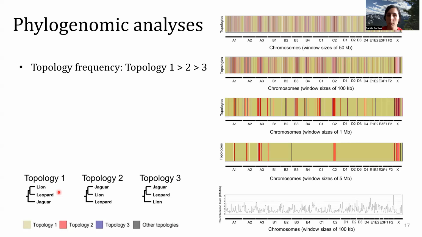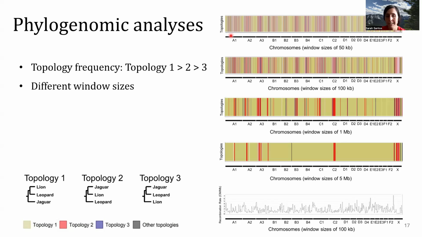The most common topology was topology 1, so the lions and leopards relationship is abundant in the genome. That's the yellow color here, and for the different window sizes, that's the signal that we obtain. Then the second most common is the topology that places jaguars and lions instead, and topology 3 is the least common of all three.